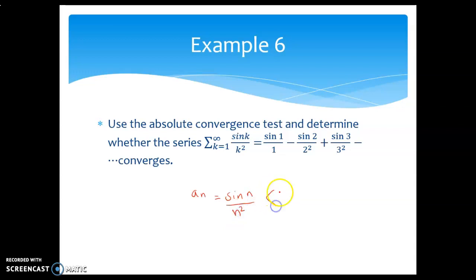This is always going to be less than or equal to 1 over n squared, because the absolute value of sine n is less than or equal to 1, and then we divide both sides by n squared.